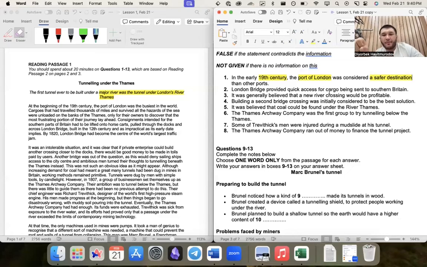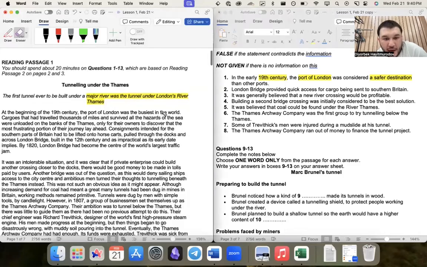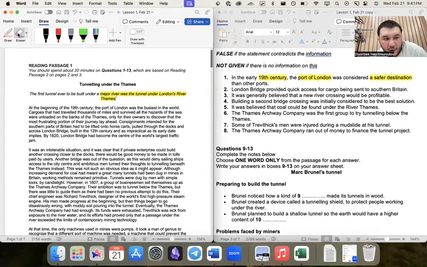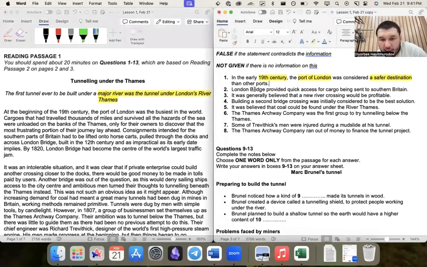So the things that I highlighted are called keywords. Most people call them keywords, but you can call them whatever you want. I like to look at them as the words that help me find the right location, the words that help me not miss the right part for the answer.